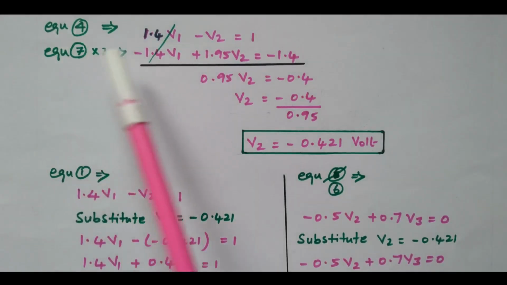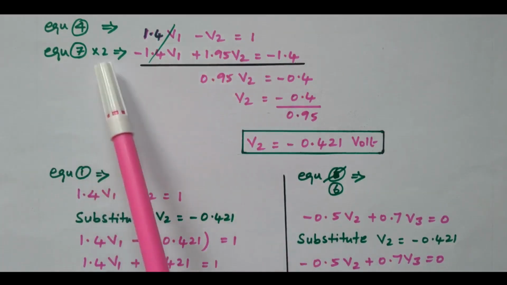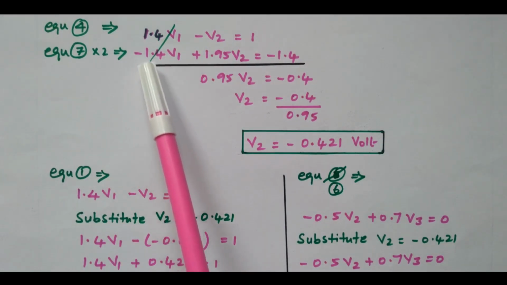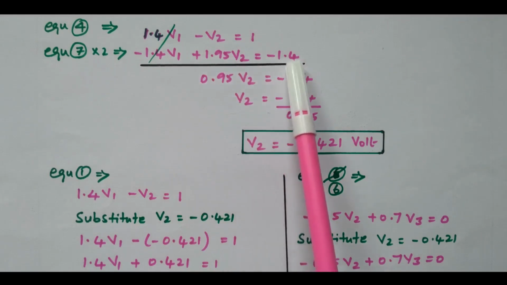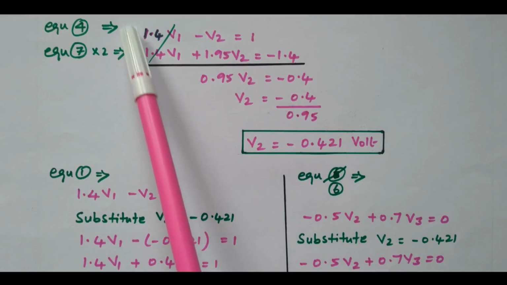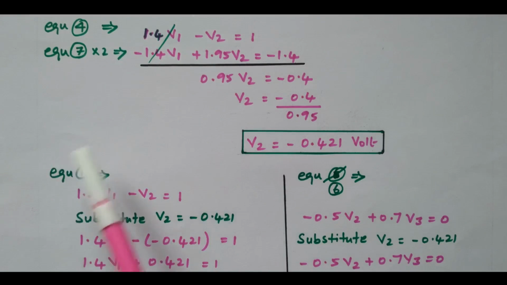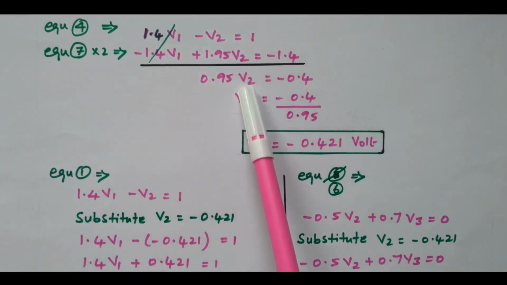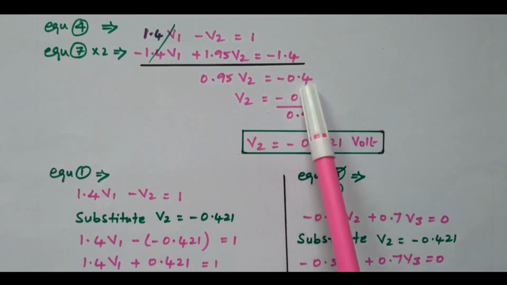So equation 4 is 1.4 V1 minus V2 equal to 1. Now equation 7 is multiplied by 2. So that 0.7 into 2 gives minus 1.4 V1. Then 1.95 V2 equal to minus 1.4. Now see, these two coefficients are equal, one is positive and one is negative. So simply we can add these two. So this got cancelled. By adding these two we got 0.95 V2 equal to 1 minus 1.4, which is minus 0.4.